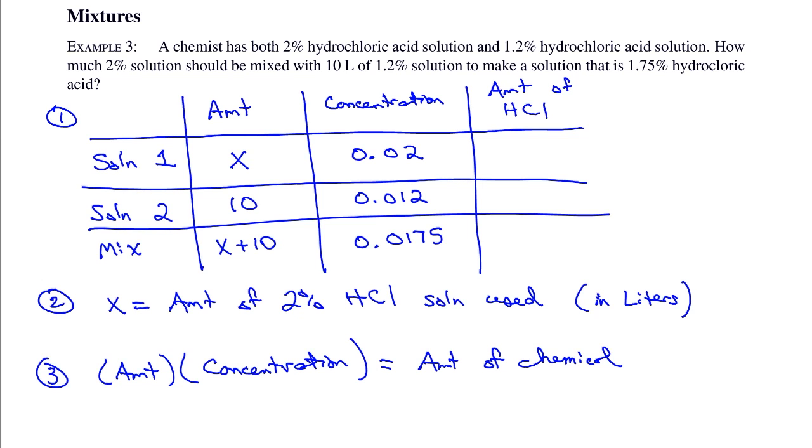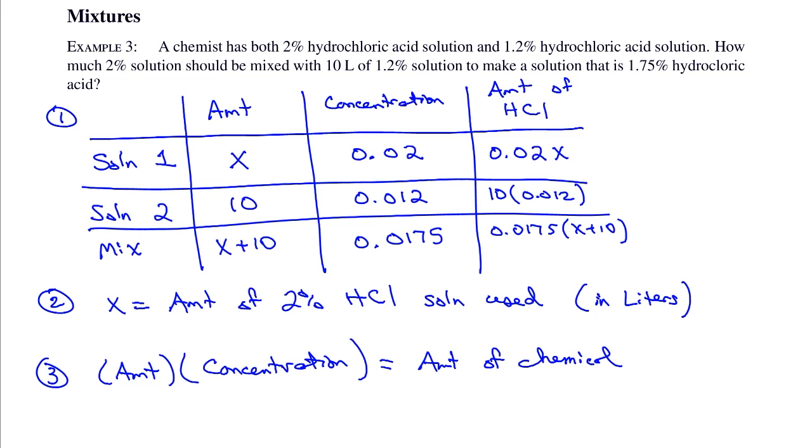So the amount of hydrochloric solution from solution 1 is 0.02x, and from solution 2, it's 10 times 0.012. And then overall, the mixture should work the same way. The amount times the concentration. I'll write it this way maybe. 0.0175 times x plus 10.